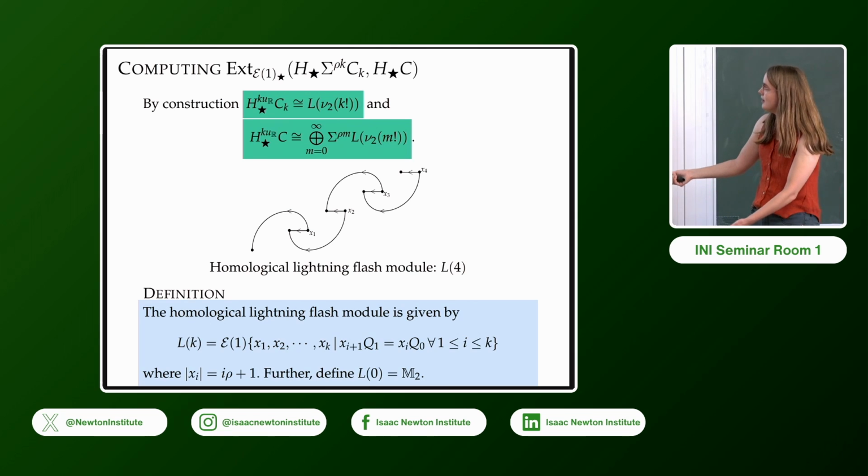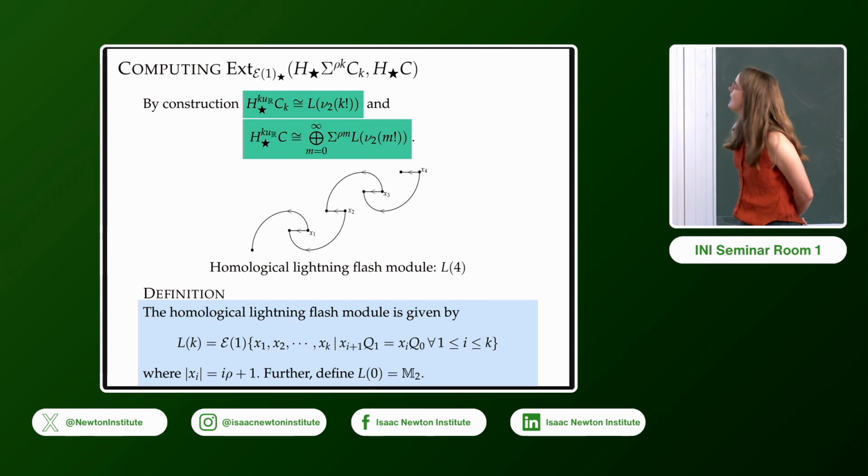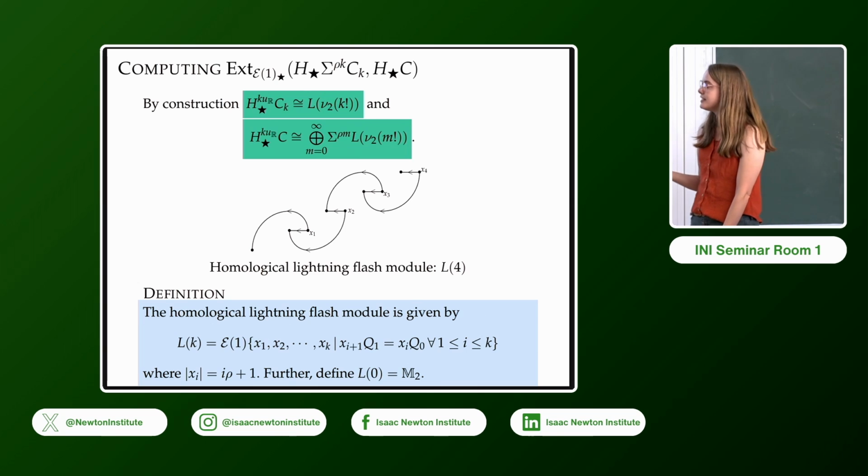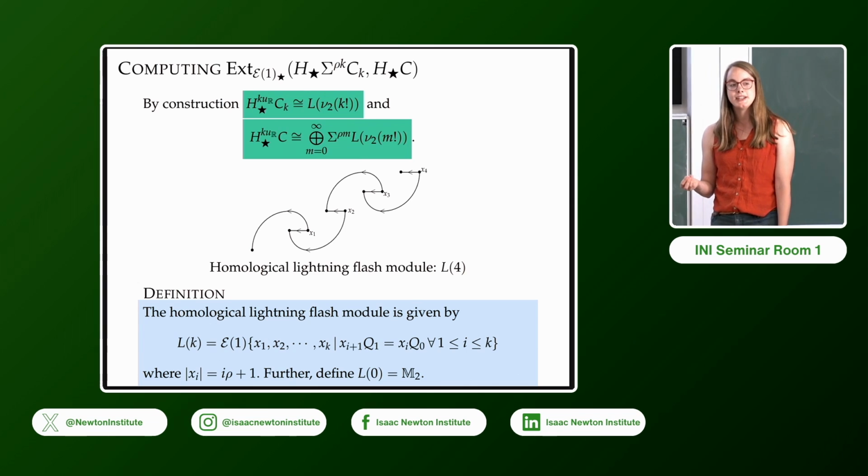So in mathematical symbols, here is the definition of the length k lightning flash module. And in particular, we define the 0th lightning flash module to just be a copy of the coefficients M2.